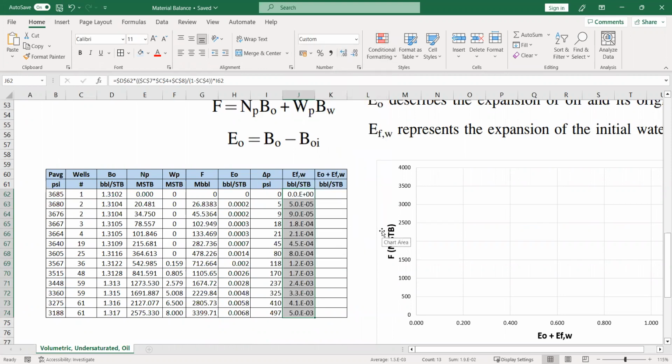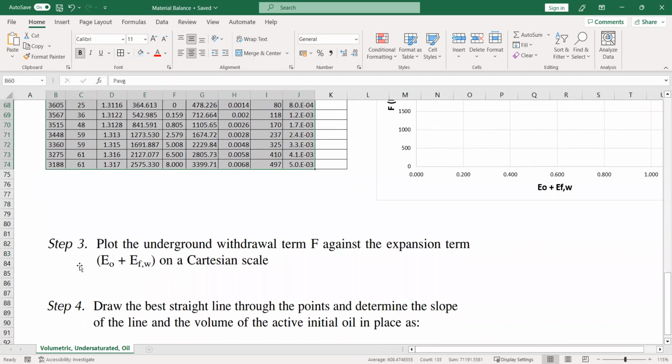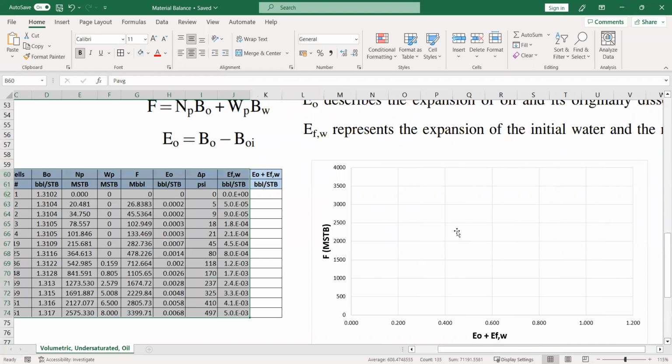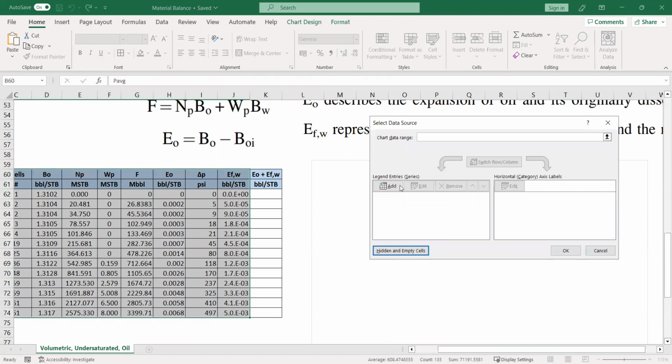All right, and you can already go into the conclusion. So we have a plot here, or maybe we can read the step 3. Plot the underground withdrawal term against the expansion term. It's on the Cartesian scale. So in Excel, we just right click here, select data. I'm going to remove it first.